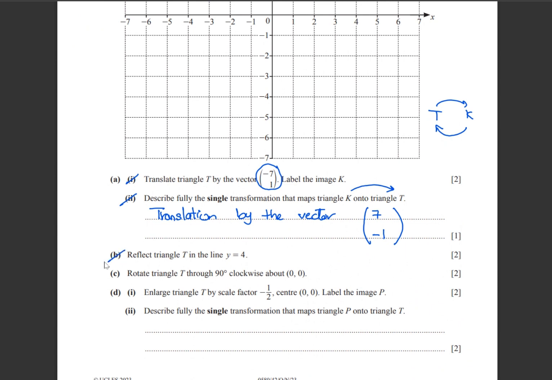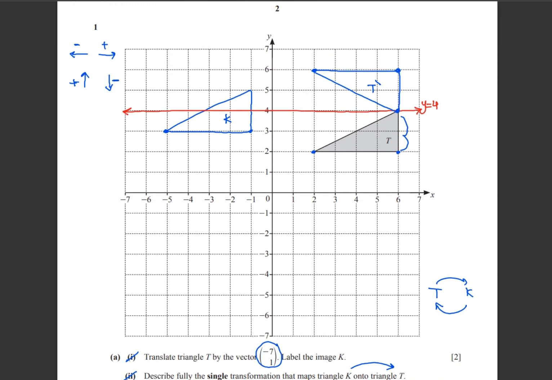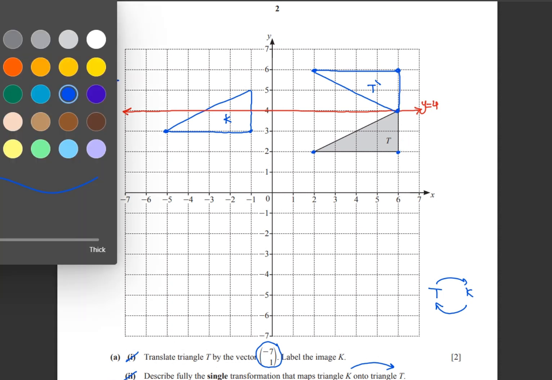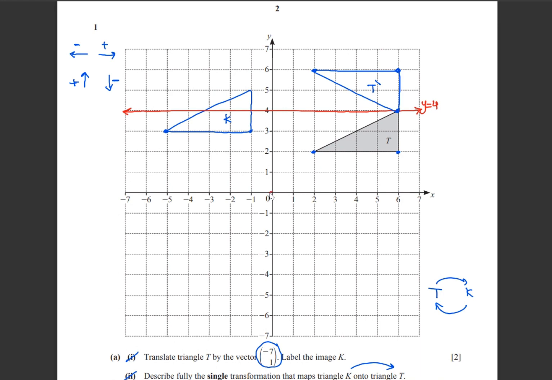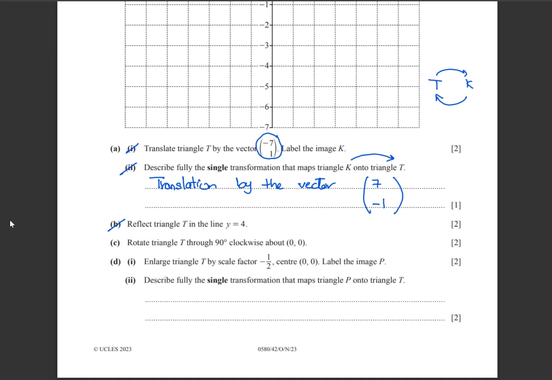Okay, now rotate triangle T through 90 degrees clockwise about 0 and 0. Okay, we need here to use a protractor. What will happen here? Okay, first decide where is the center. This is 0 and 0. The center of what? The center of rotation, which is 0 and 0.